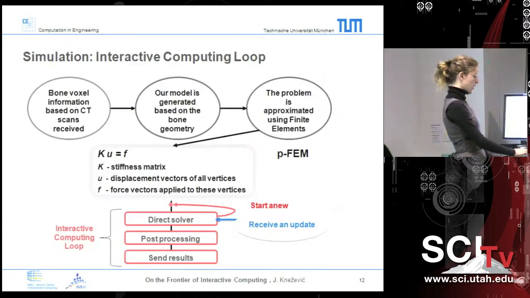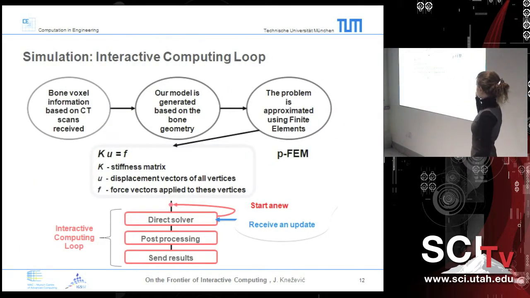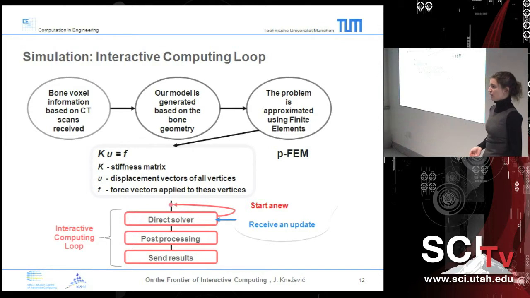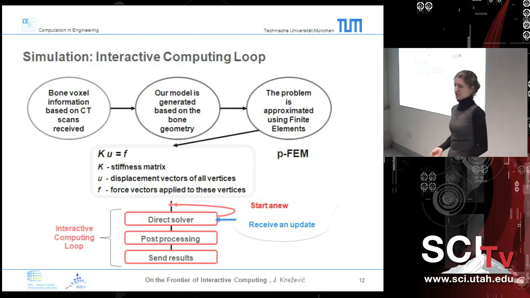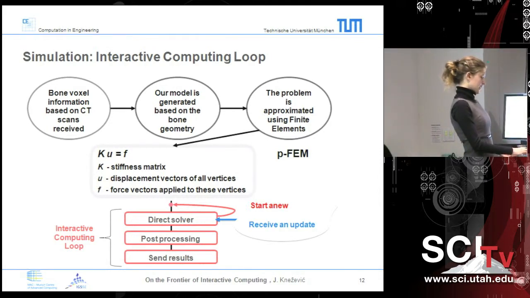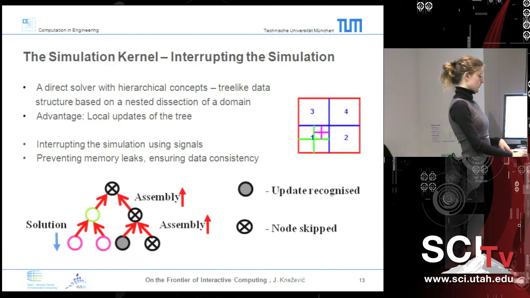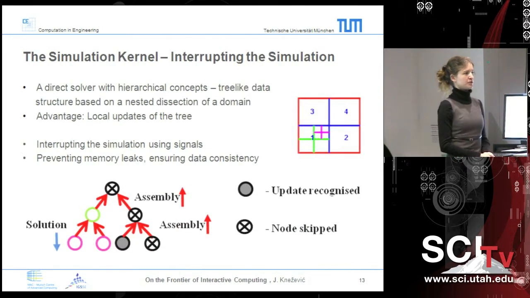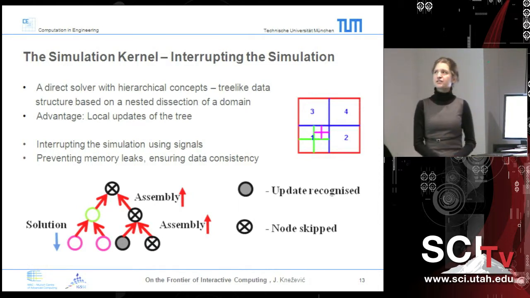Nevertheless, if one wants to achieve higher accuracy, so do PFAM for P equals 6 or 7, it's definitely worth interrupting it. The simulation just takes too long in this case. And then, of course, when one solves the system, you have some post-processing, and then you send back results to the user. And now let's take a look at the solver itself, which is, from our point of view, most interesting, because we have to interrupt it.